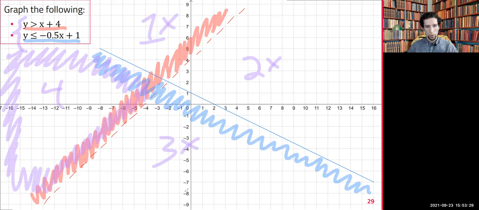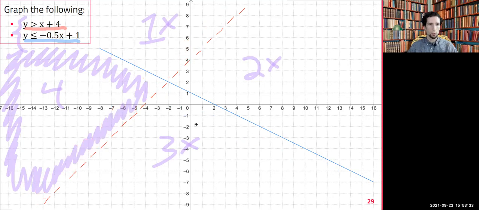That is the solution to our system of inequalities. If we get rid of these two, then we can see it like this. We have to be below the blue line and above the red line at the same time. So 4 is the solution space. It touches and includes the blue line, and then it goes up to, but does not actually touch, just goes infinitely close to the red dashed line.